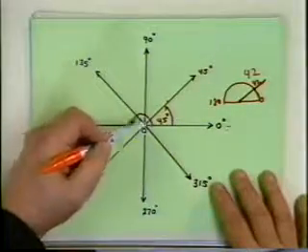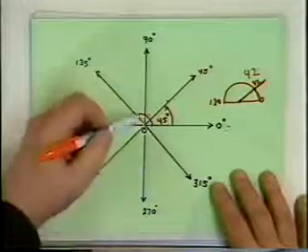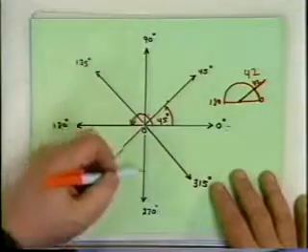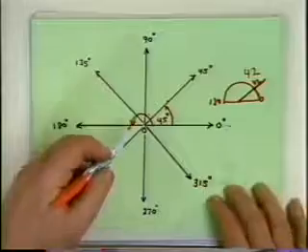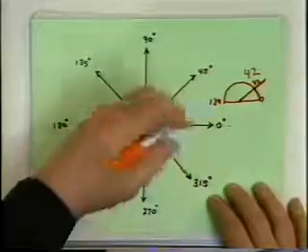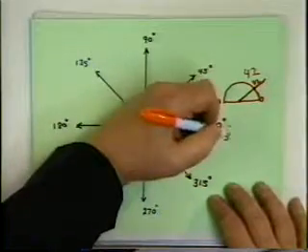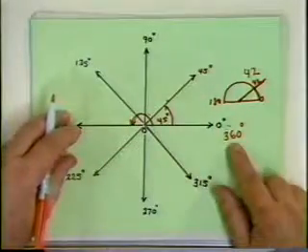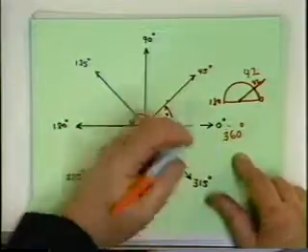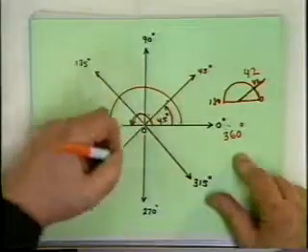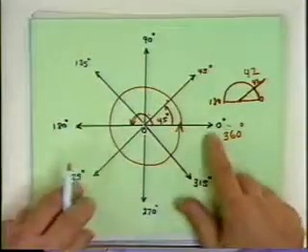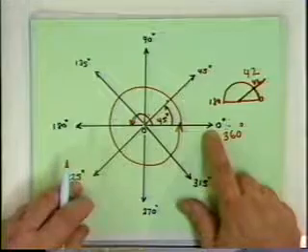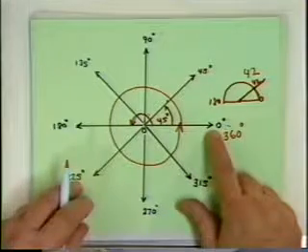Half the circle is 180 degrees. Down this way is 270 degrees, right? And all the way around to here, you don't call it 0 degrees anymore. You've gone all the way around the circle. It's 360 degrees, but a 360-degree angle nevertheless winds up in exactly the same place that the 0-degree angle wound up in.